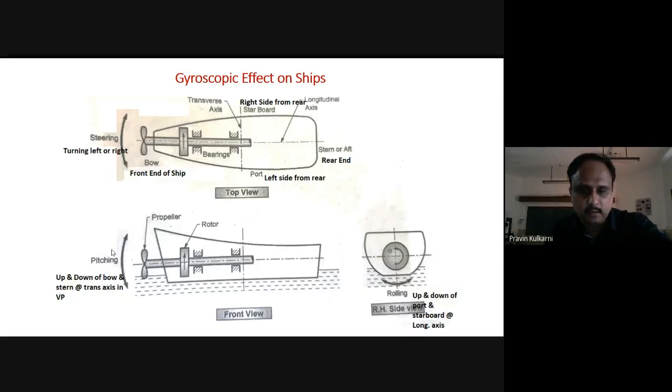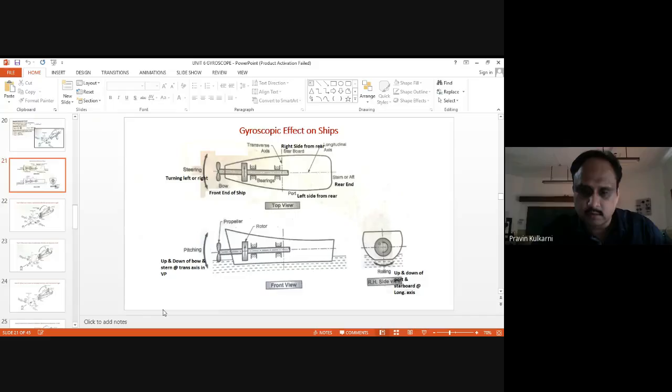Let me stop my screen so that you can focus on my video. The steering of the ship is clear to you. I should not explain. Steering means look from top and the ship takes a left turn or right turn.